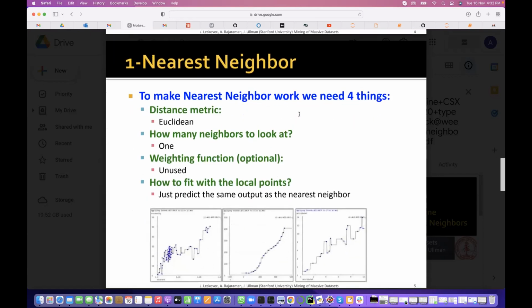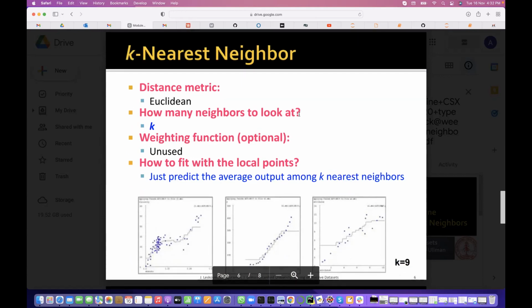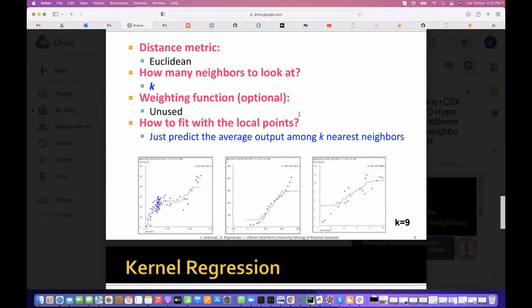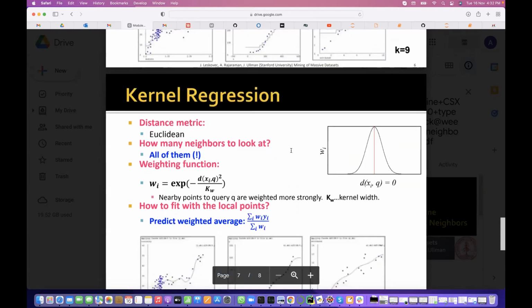So one nearest neighbor is this; we will take only one. Then K nearest neighbors. If you use K nearest neighbors, again, a weighting function you can take. The closest neighbor will contribute more, the farthest neighbor will contribute less. That is again optional. So how to fit with the local point? Just predict the average output among K nearest neighbors if you don't use the weightage.